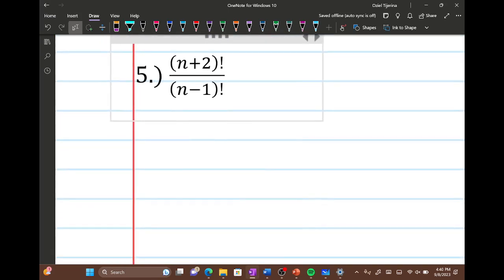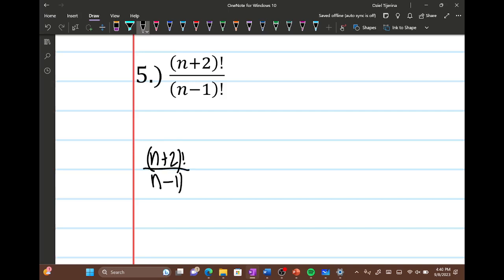And the way that this is going to work, I'm going to write it the following way. I'm going to label my n term here. I'm going to color code this. So I'm going to say that this is equal to the quantity (n plus 2) factorial over (n minus 1) factorial.